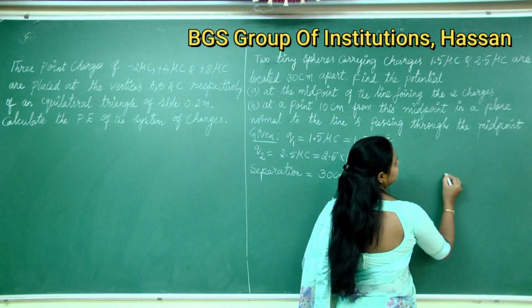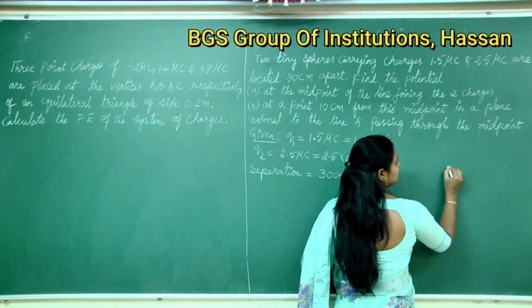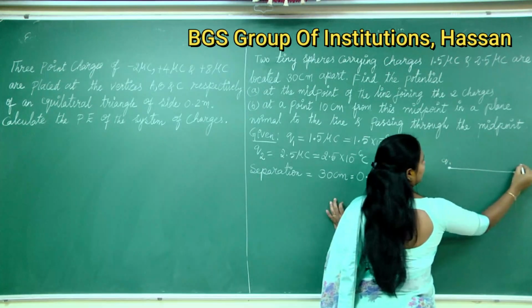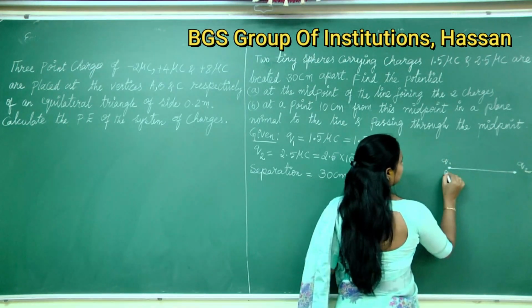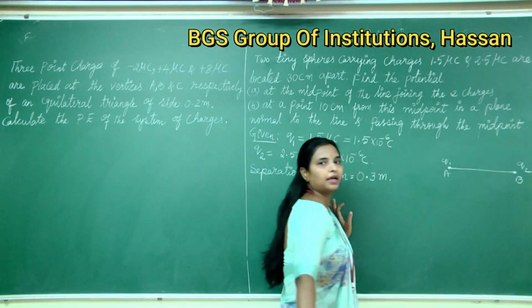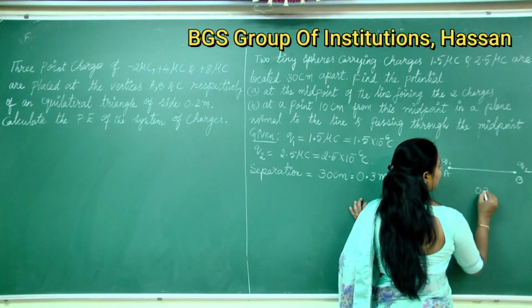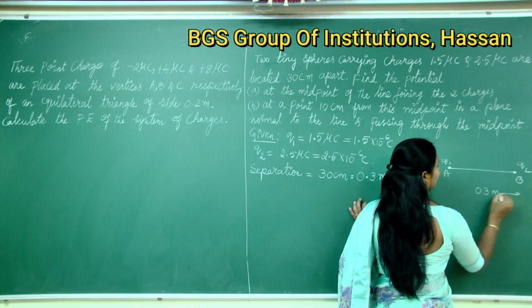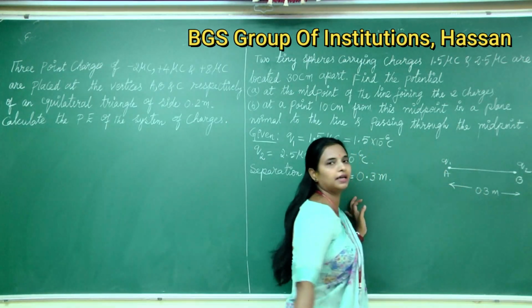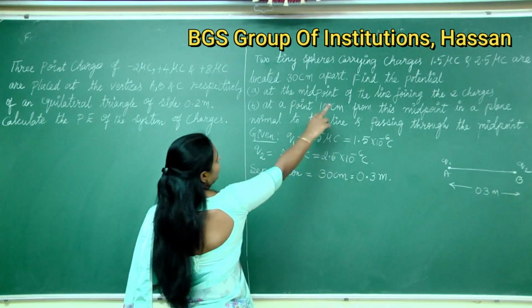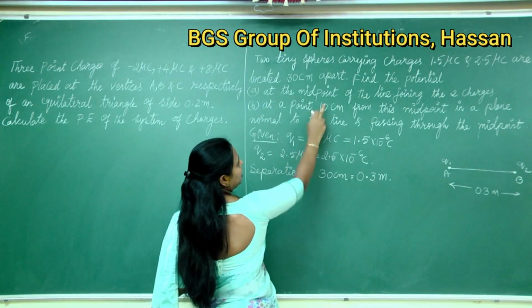So two tiny spheres Q1 and Q2 which are placed at points A, B are separated by a distance 0.3 meter, and you can take it as 30 centimeter. And we have to find out the potential at midpoint.